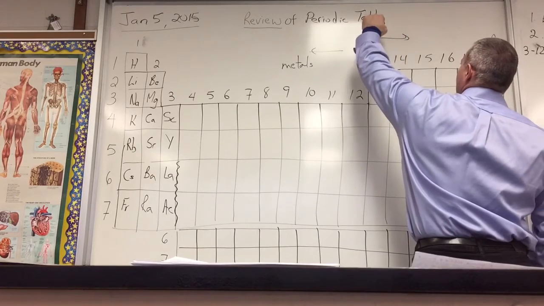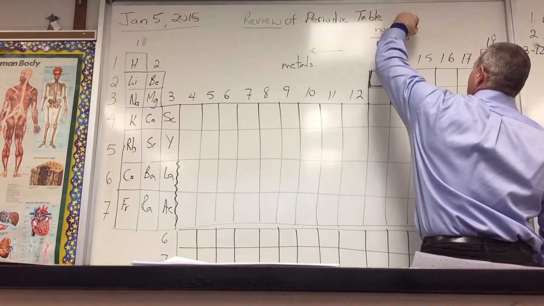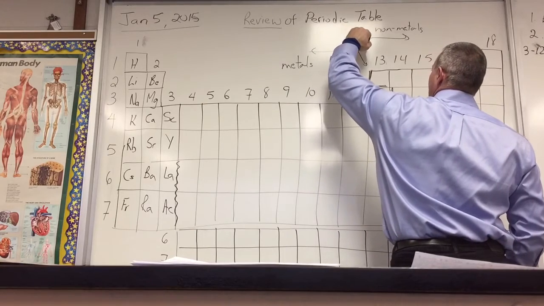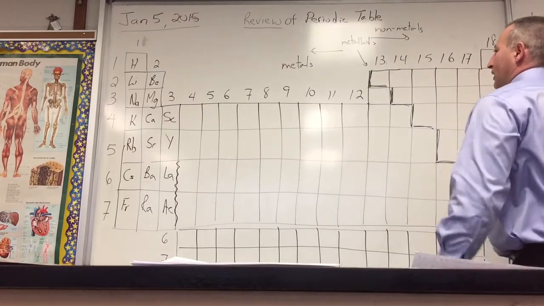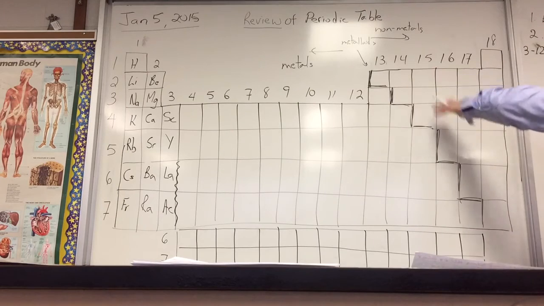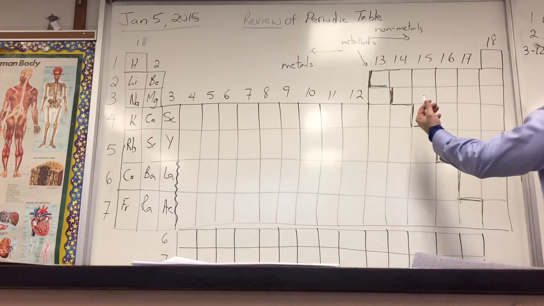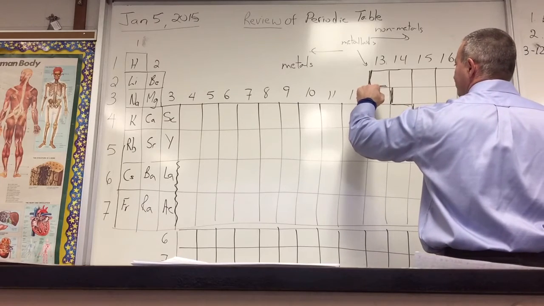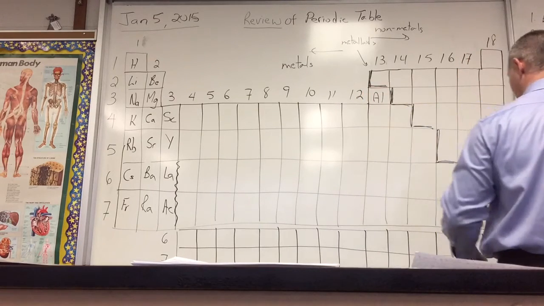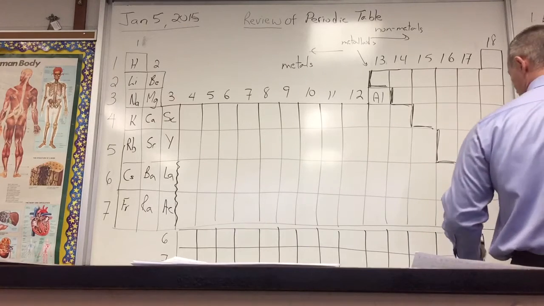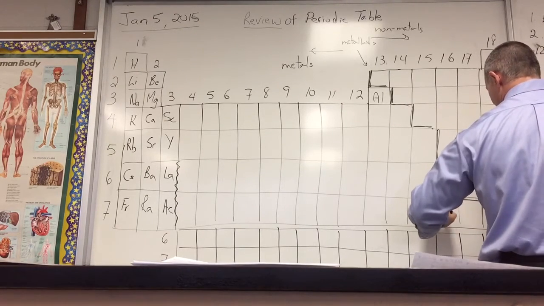The non-metals are on that side, and the metalloids are here, and I expect you to write something like that on the test. Everything that sits on the staircase is a metalloid. Everything that touches the bottom of the staircase is a metalloid, except for aluminum, and I think polonium is here. Well, we'll find out soon enough.